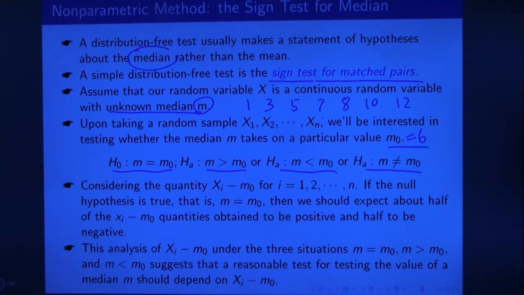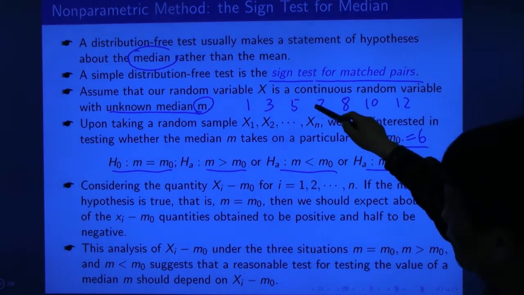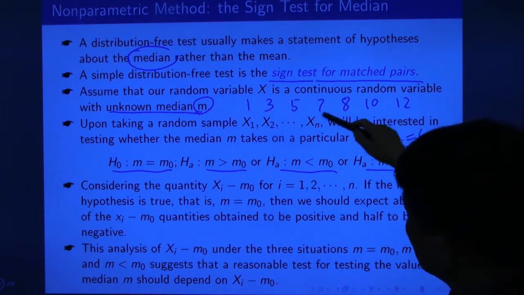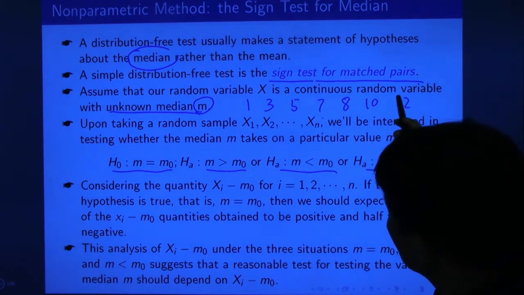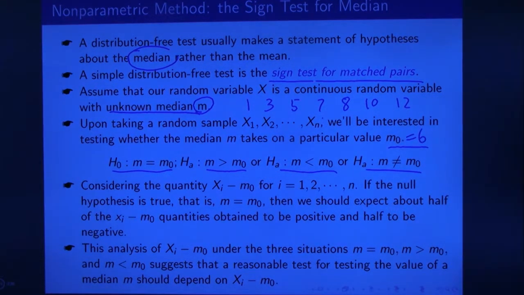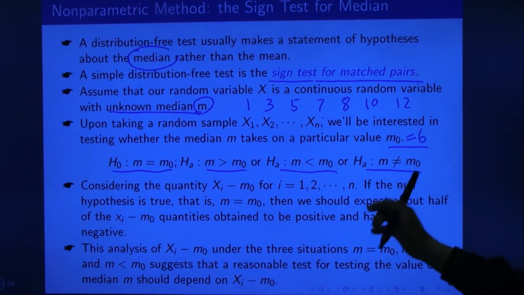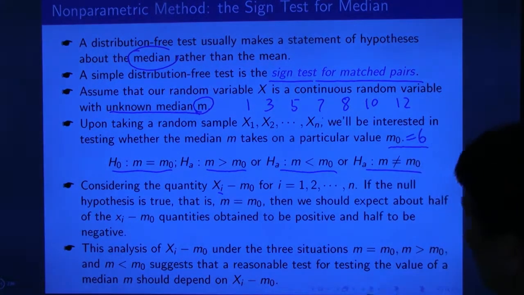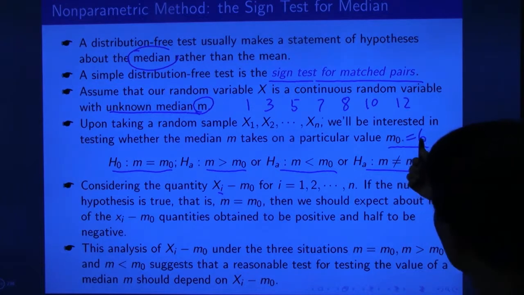So how to do this kind of problem? The first step is, we use the set of data X, and for each value of the set Xi, we subtract M0, in our example equals 6.